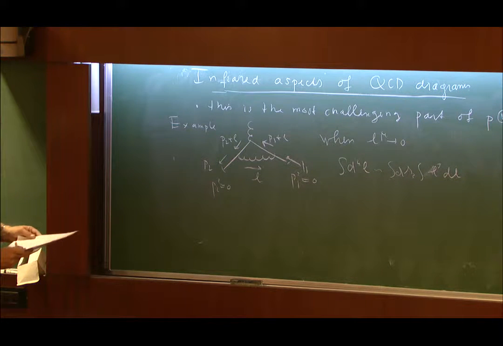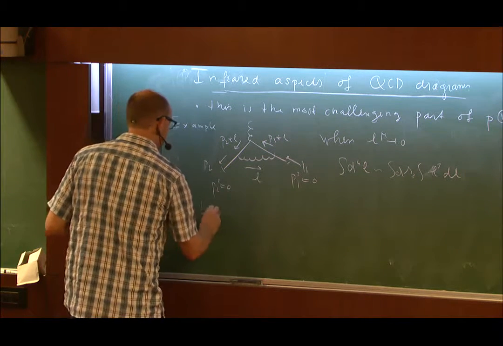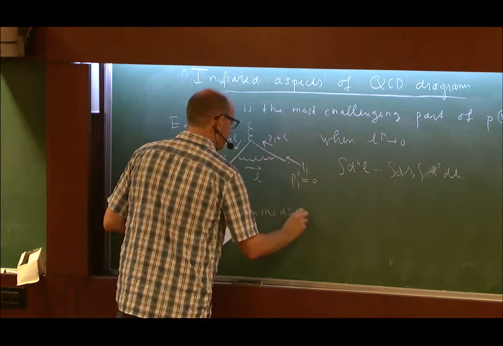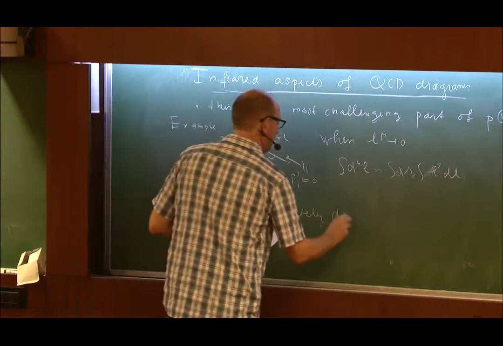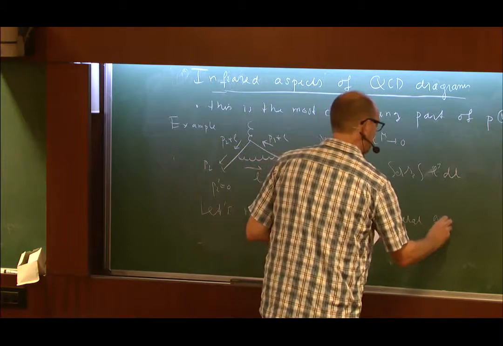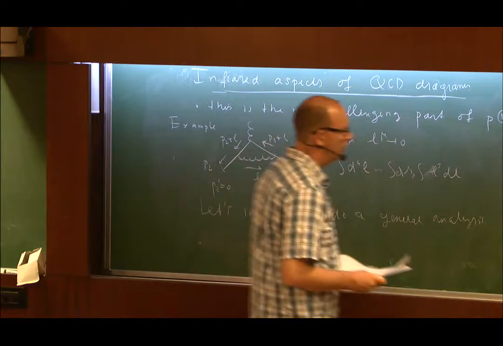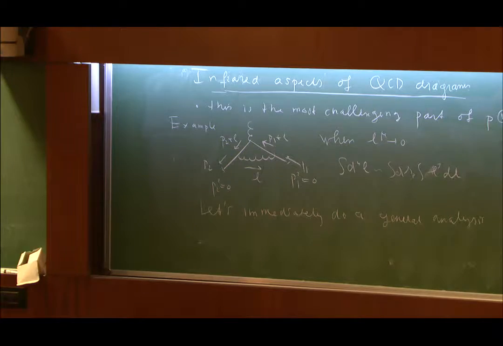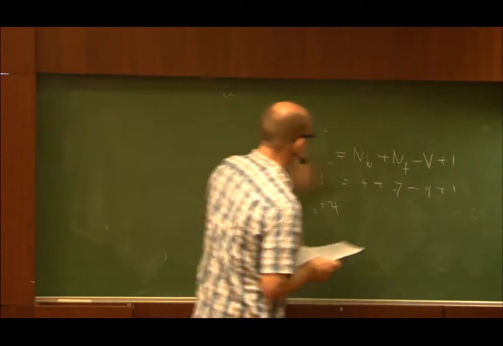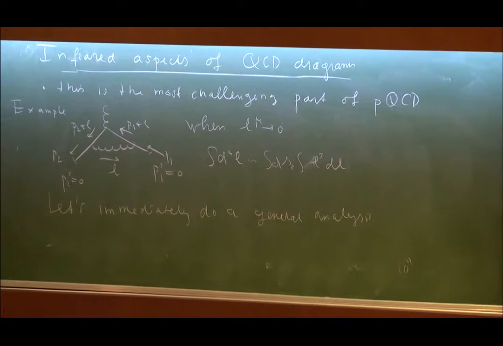Let's now do a general analysis. Since we now have a bit of experience with writing down general expressions for Feynman diagrams, and in fact, it is not, I think, too difficult.